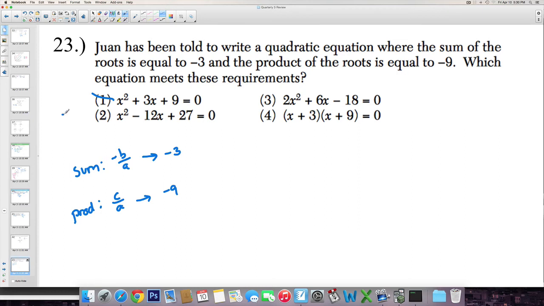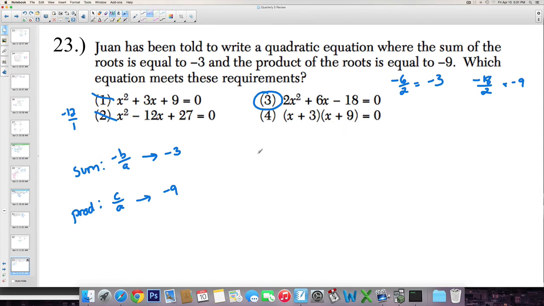Sum of the roots would be negative 12 over 1. Right away, that's out. And this one here, negative 6 over 2, that's negative 3. And the product, c over a, or negative 18 over 2, that's negative 9. So it does happen to be this choice. For this one here, you would just have to distribute it out and then check from there.